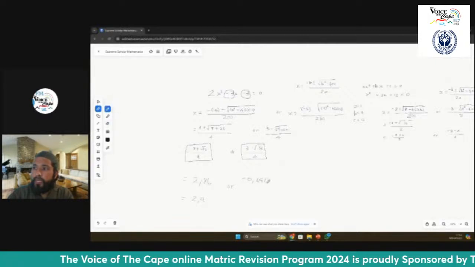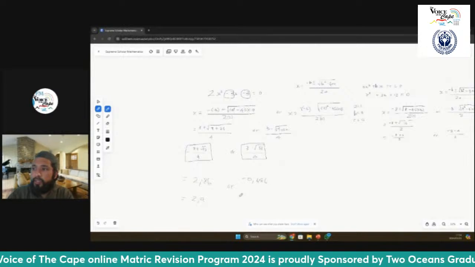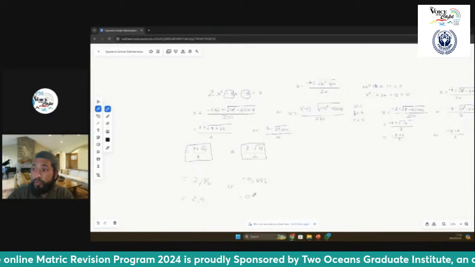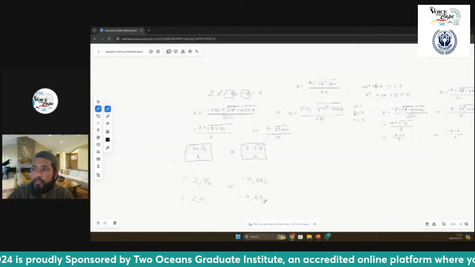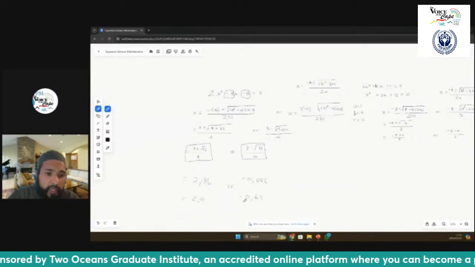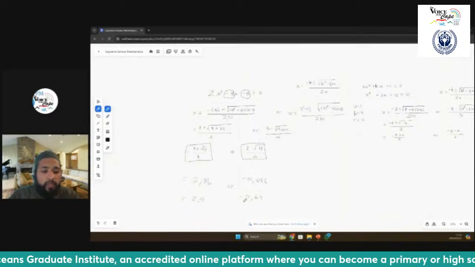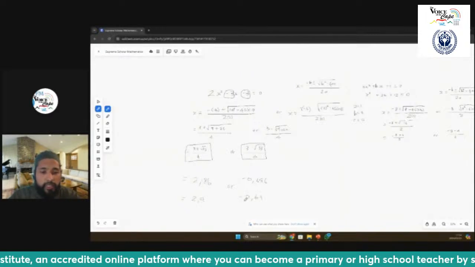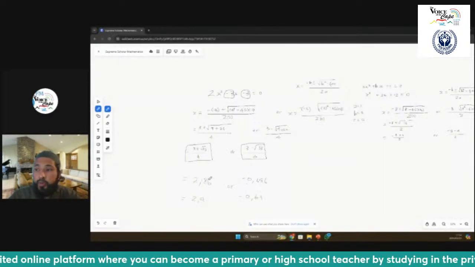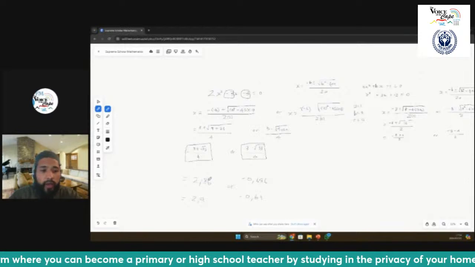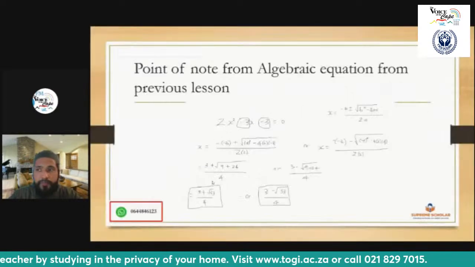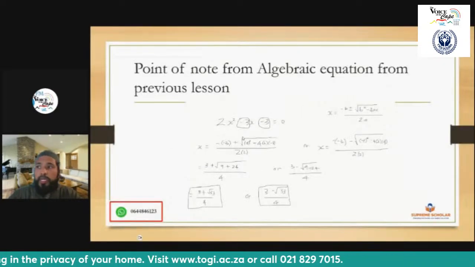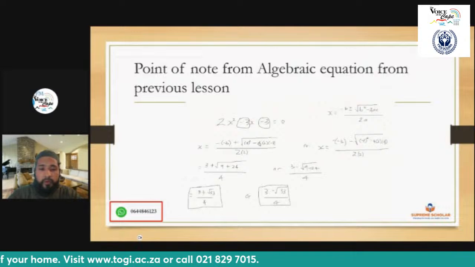Again the 6 is greater than 5, therefore the final answer to correct 2 decimal places would be negative 0,69. Okay. So that's just something that I had to mention from yesterday's lesson, that it is important to round off and correct your answer to 2 decimal places as was requested in the exam paper. Okay. All right. So that's the point that I wanted to mention from the previous class.